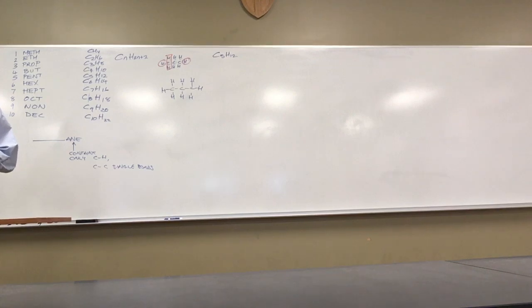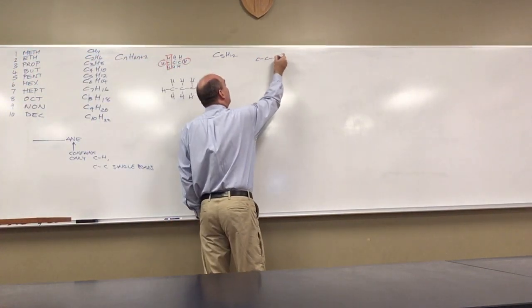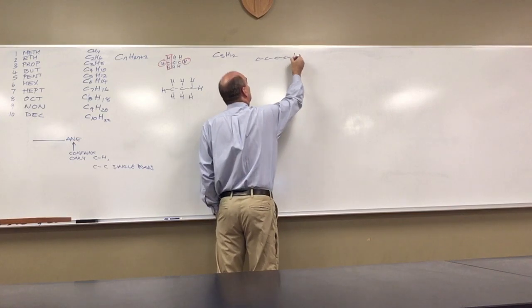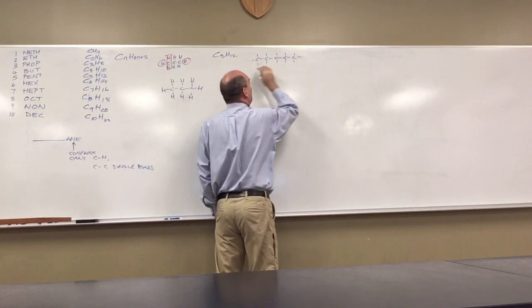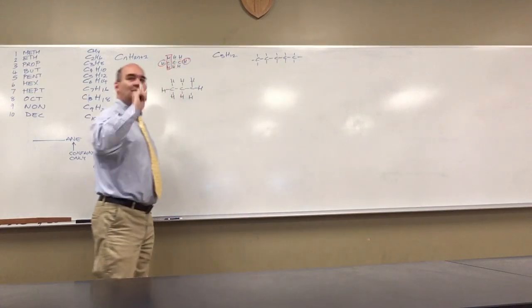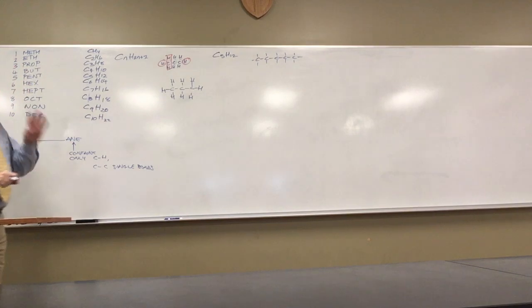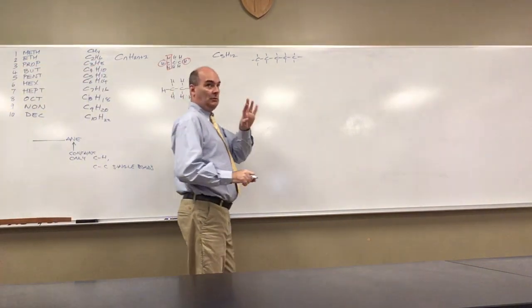So, on my way out of the room, I said, draw C5H12. I did not say draw pentane. One, two, three, four, five carbons in a row. Each of those carbons has the capability of making four bonds, because it's sp3 tetrahedral.